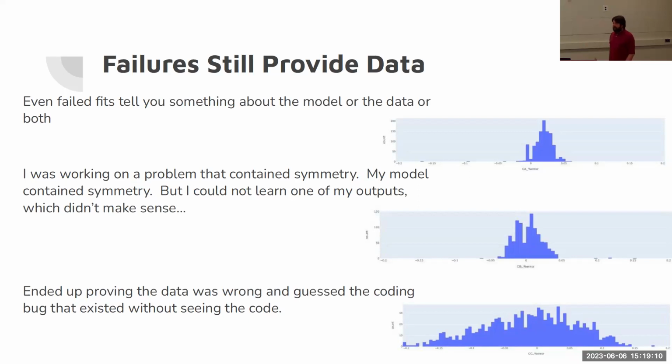I spent 3 months thinking I was doing something wrong and gathering all this evidence. I have a 100-page slide deck of all the little tests I did that failed and how they failed. And the only way this made any sense is if the data was wrong or the labels were wrong.